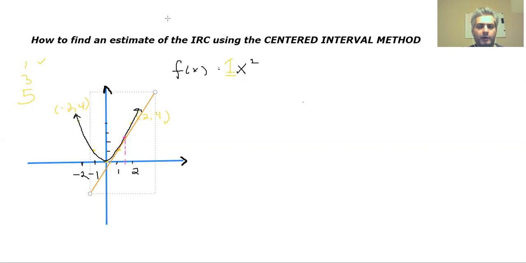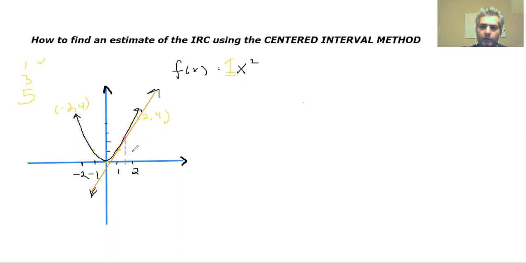So we have now the line passing through one point. That's the slope of the tangent. We know the slope of the tangent gives us, in this case, a very good estimate of the instantaneous rate of change, or how y is changing with respect to x.